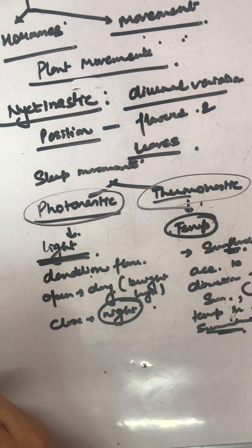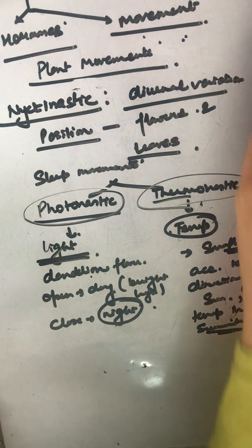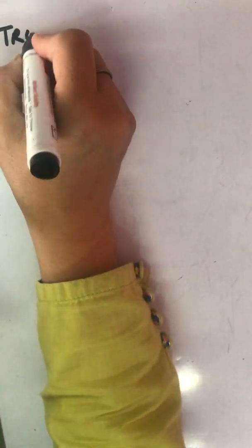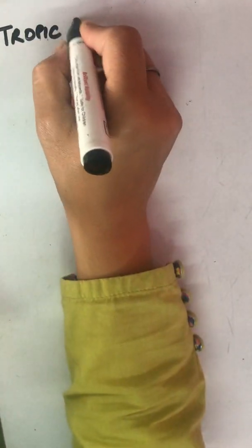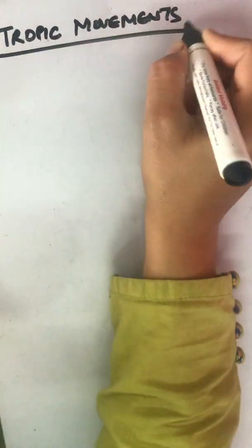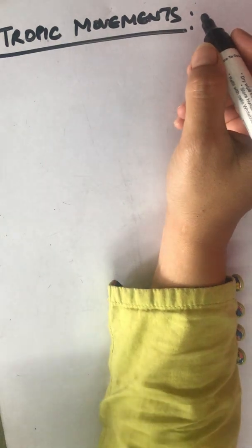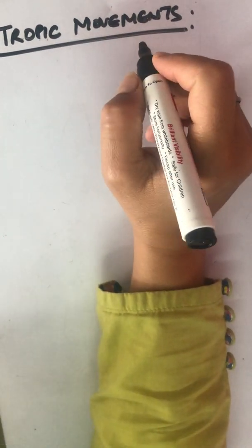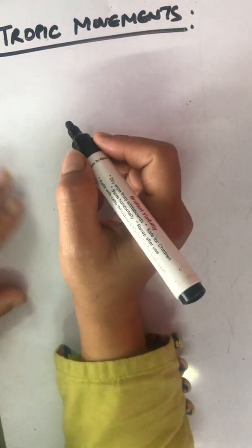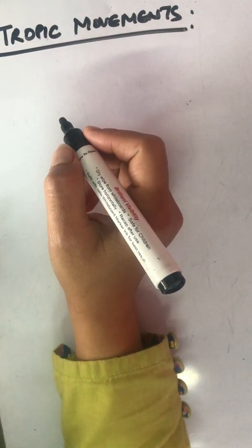Moving to tropic movements. Tropic meaning growth related, directional. Now, all these movements which are growth related, which are directional, which occur in response to stimuli will come under tropic ones.